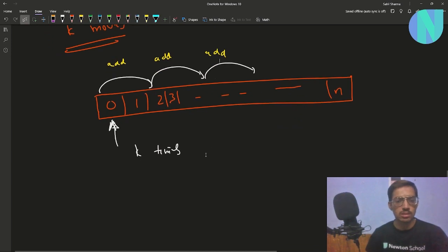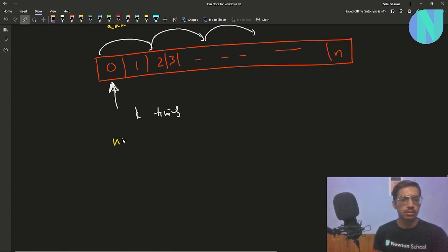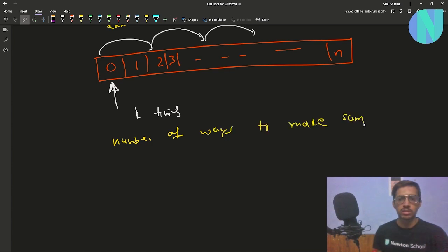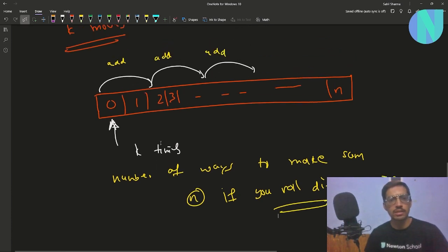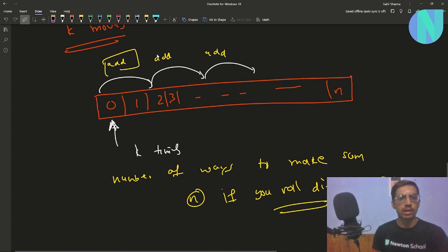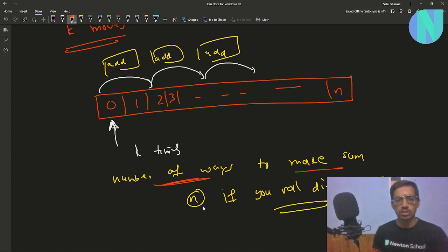So isn't this the same thing as saying find the number of ways to make sum n if you roll the die k times? That is the same thing, right? Because you are just adding the number that you get on the die until you reach n.